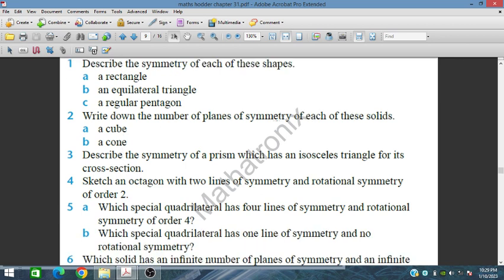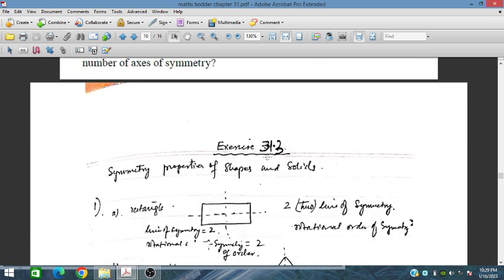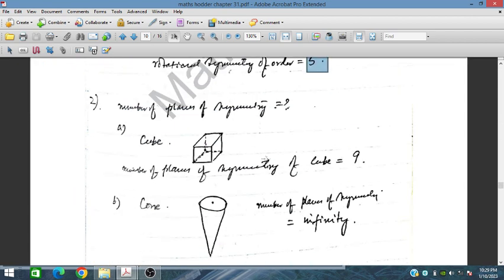Write down the number of planes of symmetry of each of these solids: a cube and a cone. For a cube, we have this shape, and the number of planes of symmetry is 9, because if we look from every side, it has a plane.